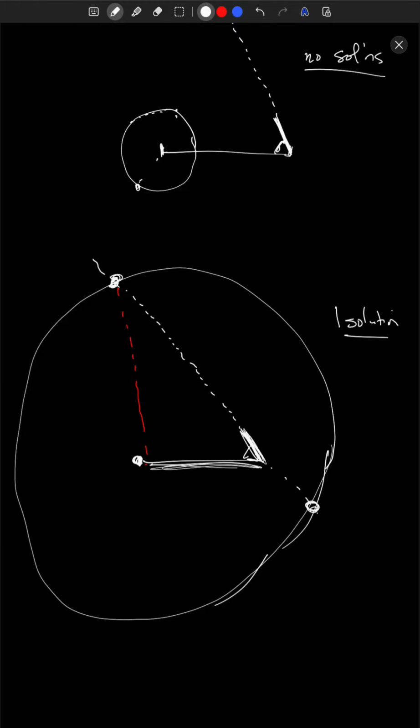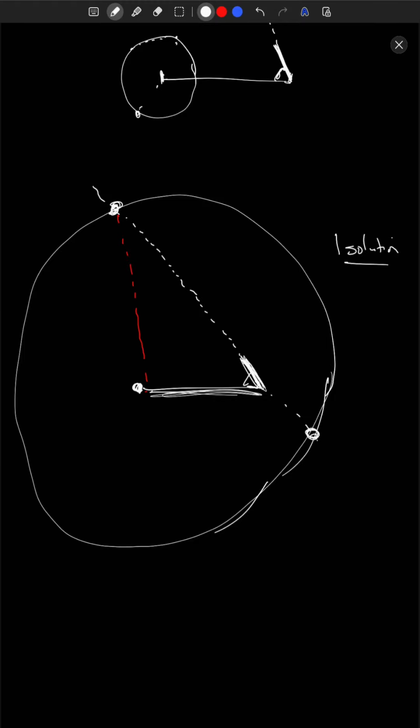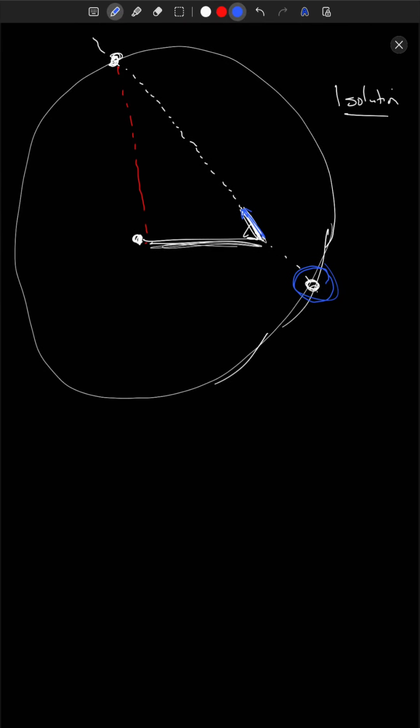In a way, this one here would be another solution, but it doesn't work because my triangle is going that way. There's another one-solution situation where the angle looks like this, and here's your dotted line, and the circle actually just touches the dotted line.